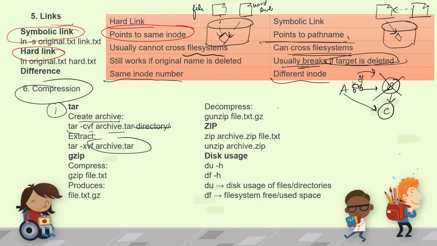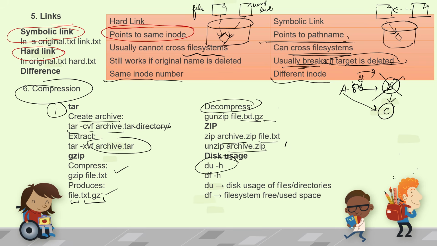Let's say we write gzip file.txt, which produces file.txt.gz. Next, to decompress we use gunzip file.txt.gz. Then after that we have zip, zip archive.zip file.txt, and unzip.